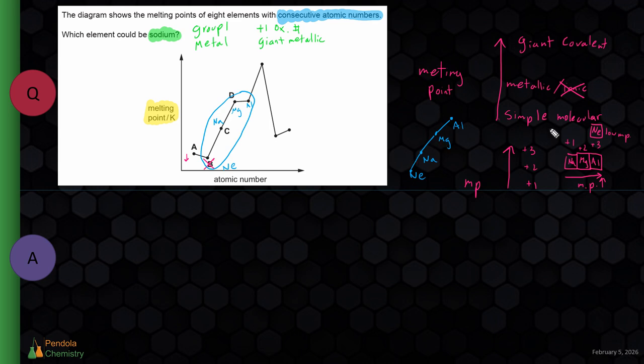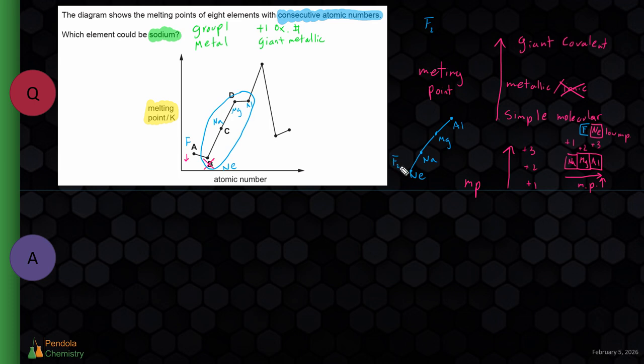And if we think even more, before neon, we have fluorine, which is F2, the diatomic molecule. Fluorine will be fairly simple molecular, but it is higher in number of electrons than simply neon, giving it a higher melting point. So this right here makes sense. It makes sense for fluorine, neon, sodium, magnesium, aluminum, because the pattern fits.